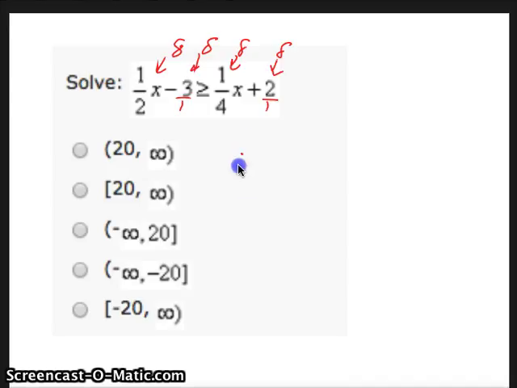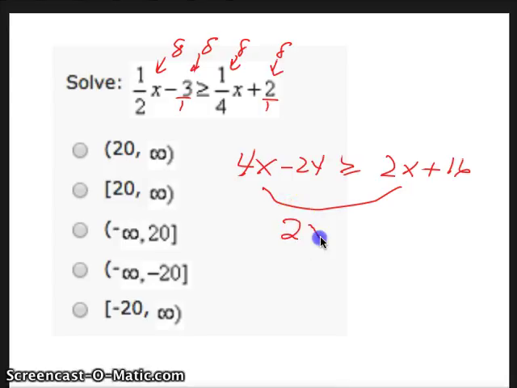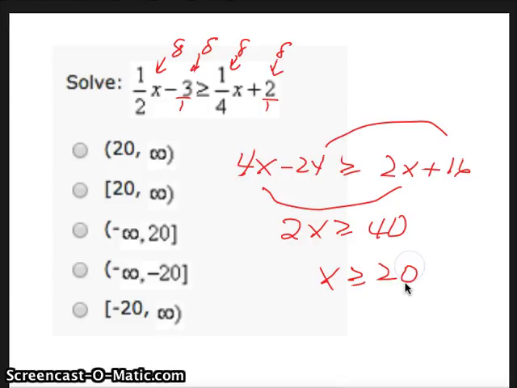On the left side, you're going to have 4x minus 24. That's going to be 2x plus 16. Let's move the 2x over and have 2x. Let's add the 24 to the other side, which would be 40. And divide by 2: x is greater than or equal to 20.